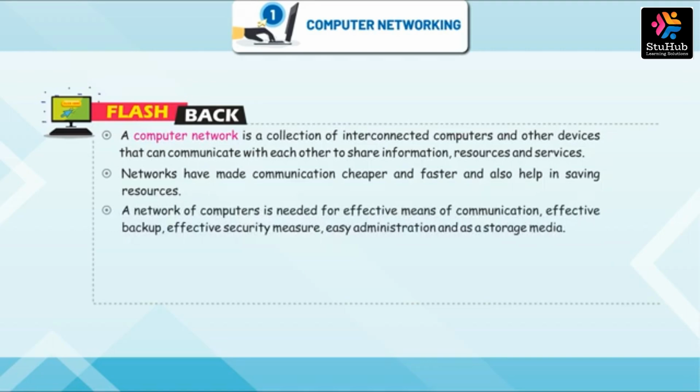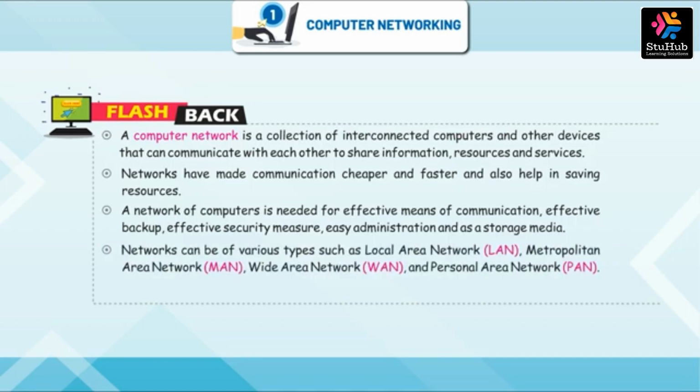A network of computers is needed for effective means of communication, effective backup, effective security measures, easy administration, and as a storage media. Networks can be of various types such as local area network, LAN, metropolitan area network, MAN, wide area network, WAN, and personal area network, PAN. Network topology includes bus topology, star topology, and ring topology.